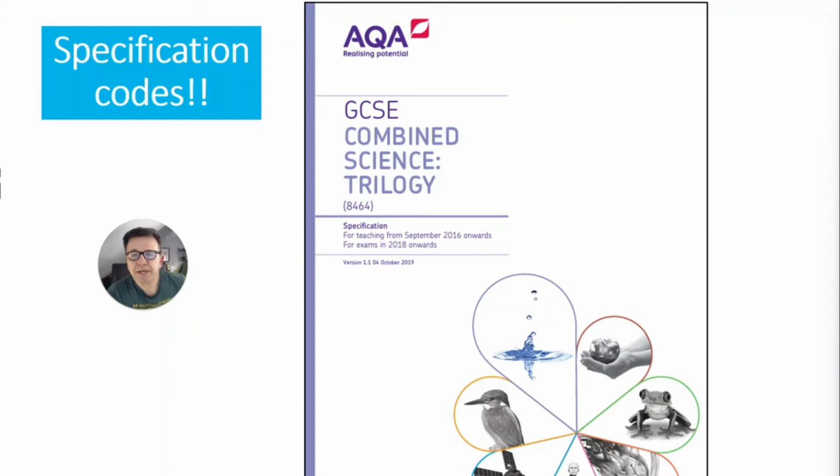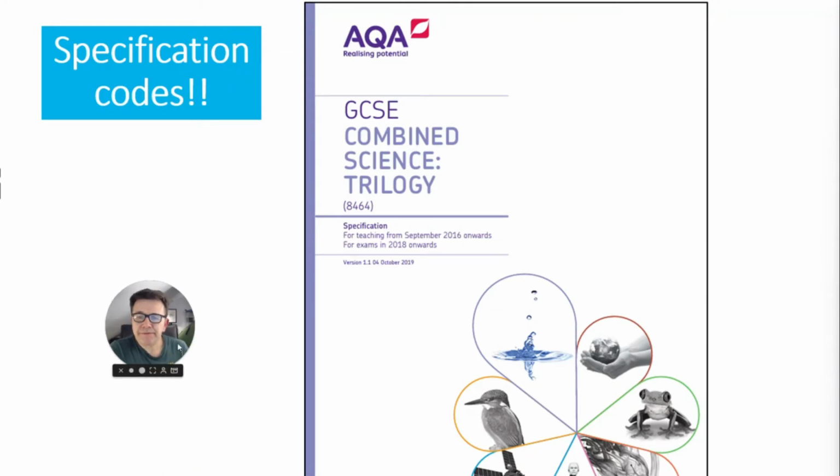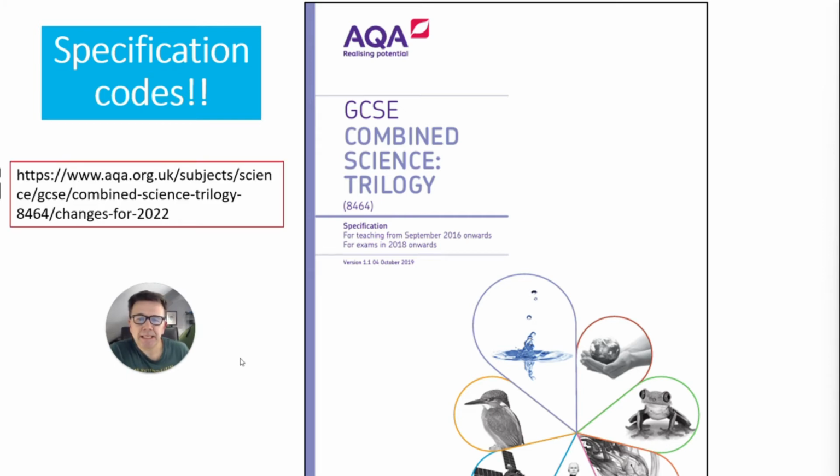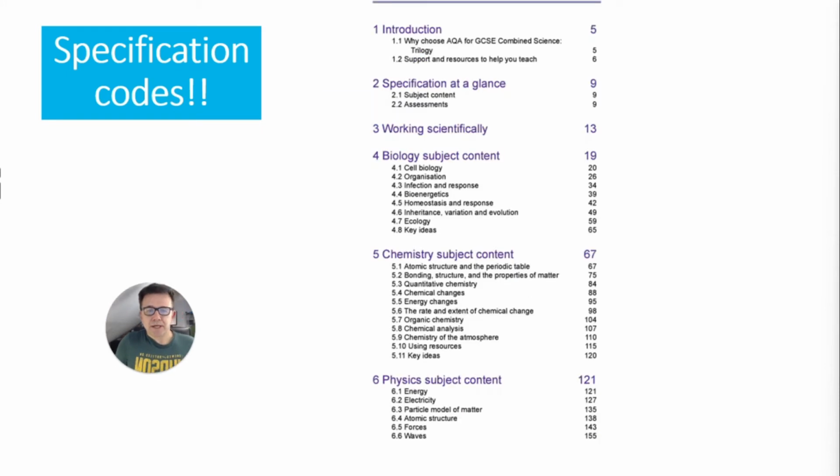Okay, so you keep on hearing about specification codes. Well, specification codes are found in this document here. So this is actually found on the AQA website. You can Google it and you will find it. And this is what your teachers are using to decide what to teach you. And you can use it as well in terms of your revision. So GCSE Combined Science Trilogy.